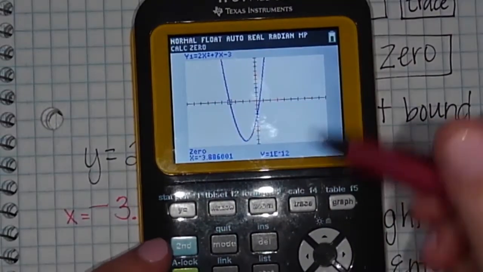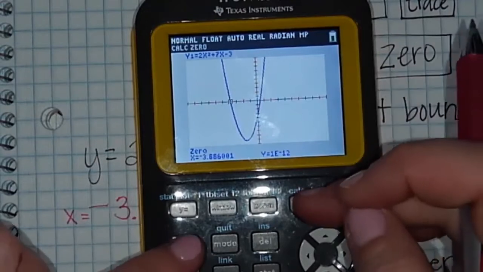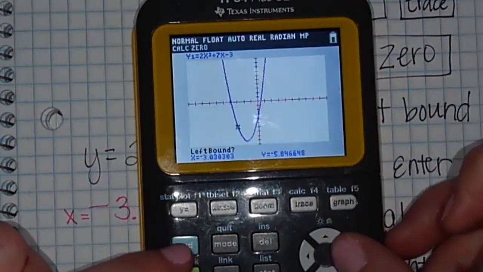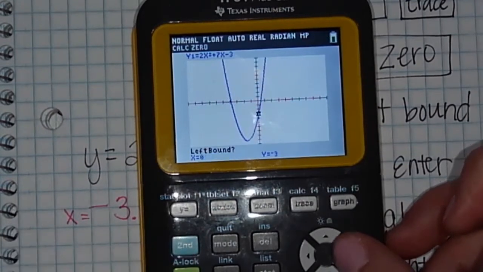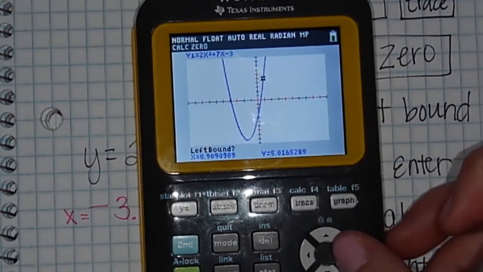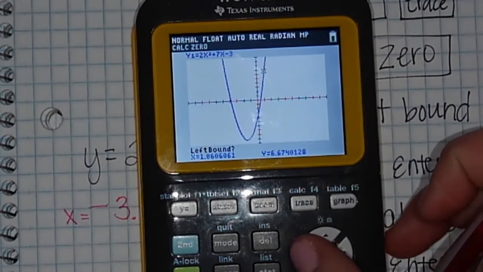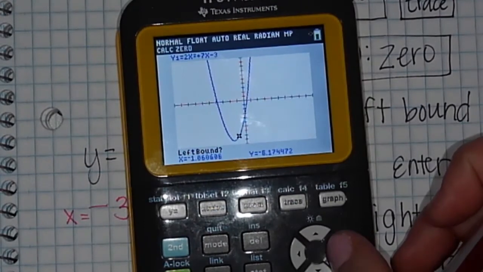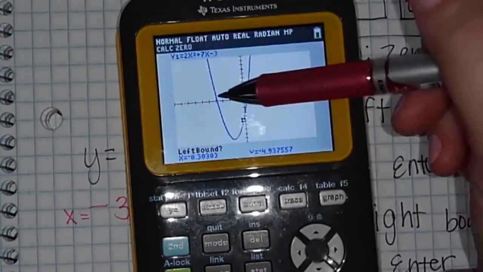Okay, let's find the other zero. So you're going to hit second trace, go down to zero. Now this is the one where people get messed up. Notice I was having to move my cursor over to the right just to get close, but you still have to be to the left of it.